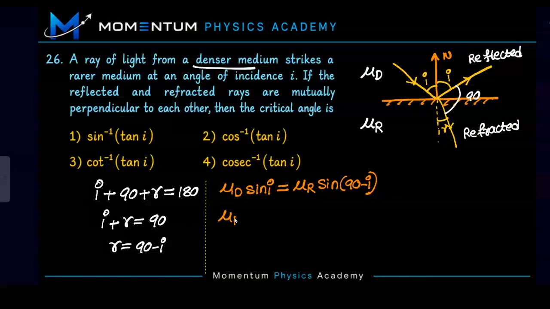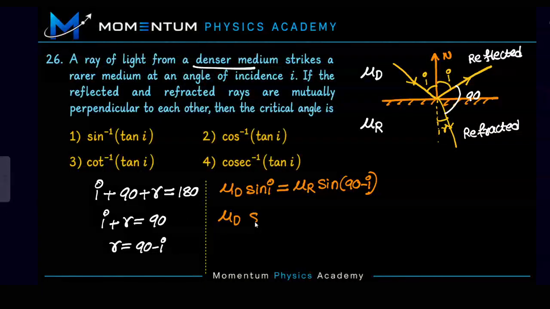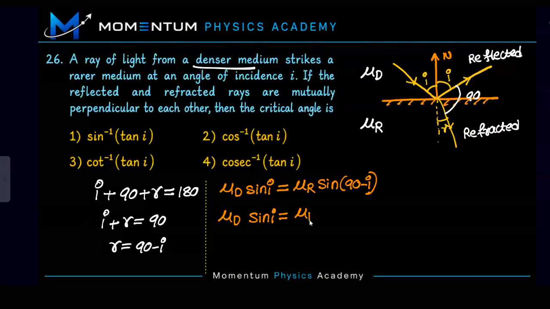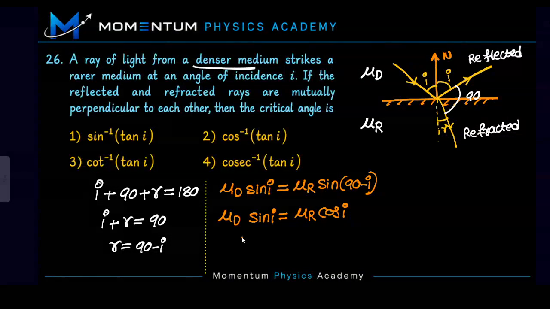So it will come to be mu d into sin i, which is equal to mu r into cosine i. Then sin i by cosine i will be equal to mu r by mu d.